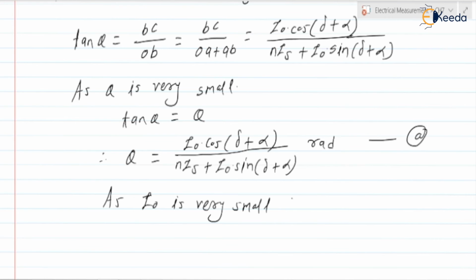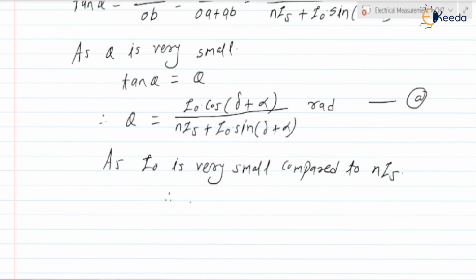I0 is already very small, and if we multiply I0 with the sine of delta plus alpha, the sine of any angle being between 0 and 1, this product will be smaller than I0.